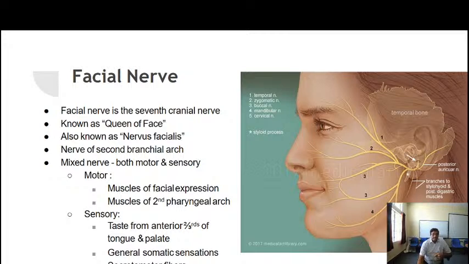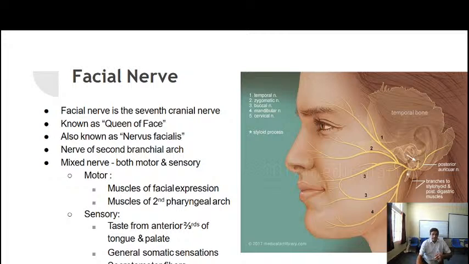Now, if you go to the anatomy, it's a mixed nerve. It has got two motor components and two sensory components. It is called the queen of face, and also known as nervus facialis.